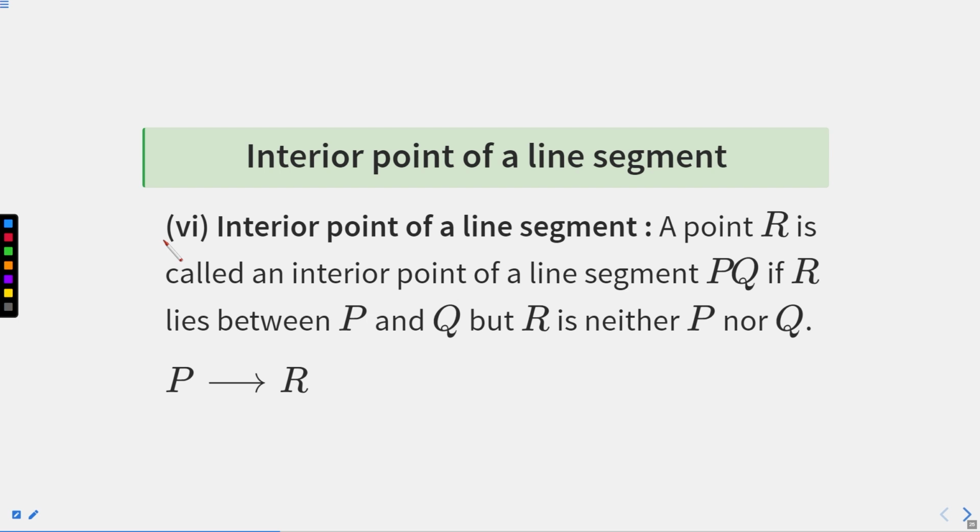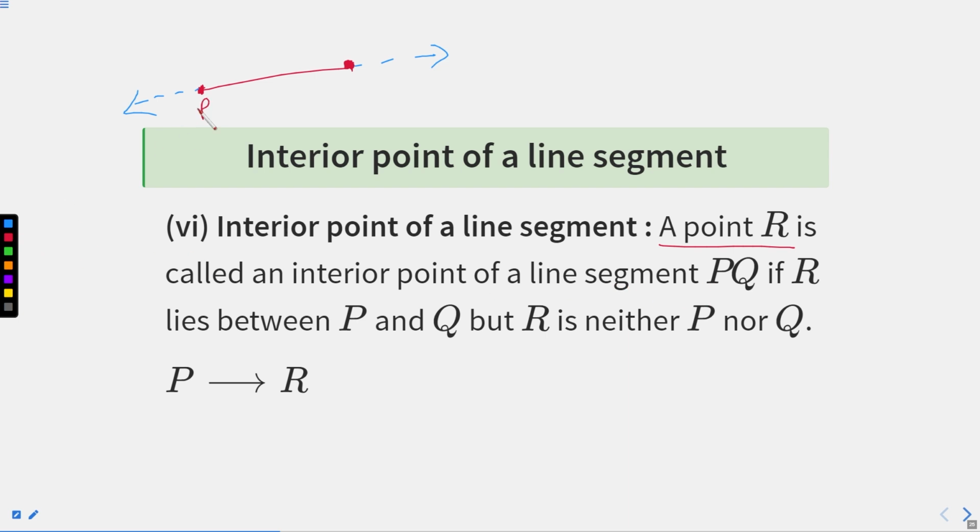The next definition is the interior point of a line segment. As we already know, a line segment is a small part of a line. Here is my line, and this red part is my line segment. If we are talking about the interior point of a line segment, this means a point R is called an interior point of a line segment PQ.